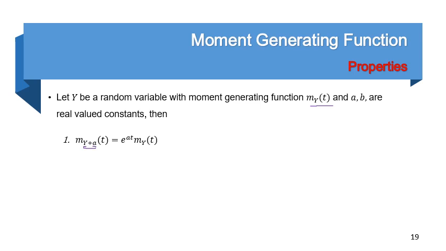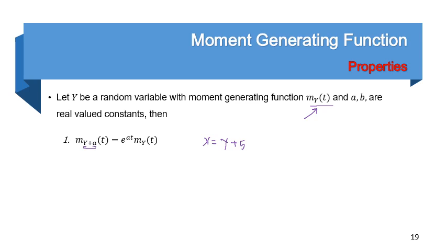So for example, x equals y plus 5. If I add the constant 5 to each y, how will my original MGF, which I gave you in the wording of the problem, be changed?